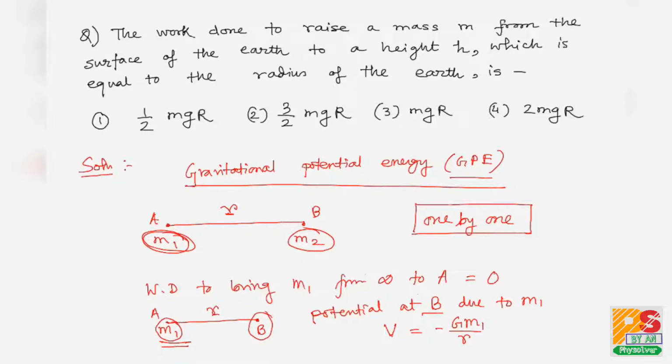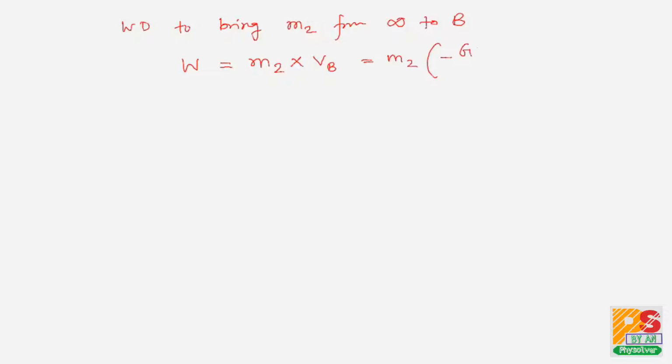What will be the work done? The work done to bring m2 from infinity to B is nothing but the mass that we are bringing times the potential of the point B. What is the potential of point B? It is minus G m1 divided by r. Therefore the work done is minus G m1 m2 divided by r.